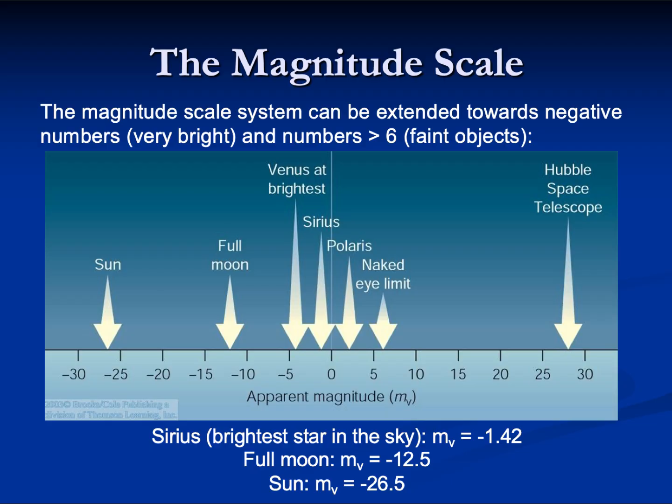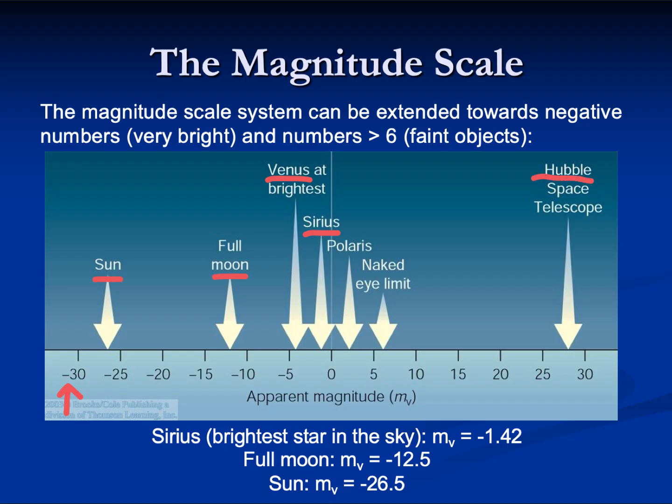Based on this mathematical refinement, the bright star Sirius in the constellation of Canis Major is actually a magnitude -1. That means it's very bright. Planet Venus is even brighter. The full moon and the sun are much brighter still, thus having numbers even farther to the negative side of the scale.